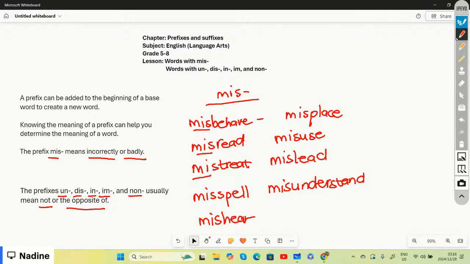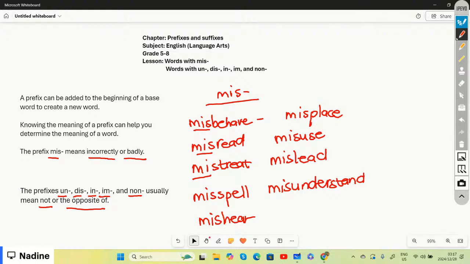All right. So now we're going to look at a few examples with the prefixes an, dis, im, in, and non.